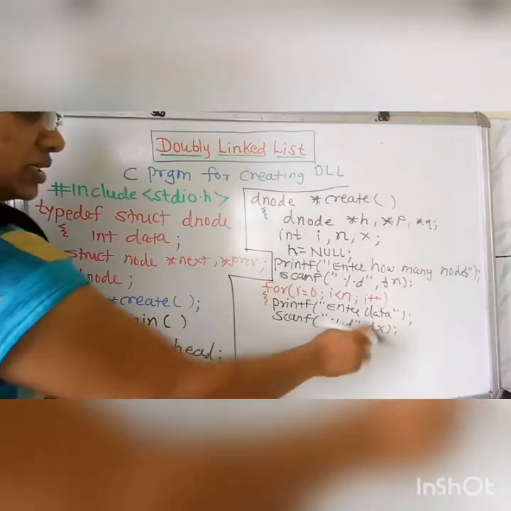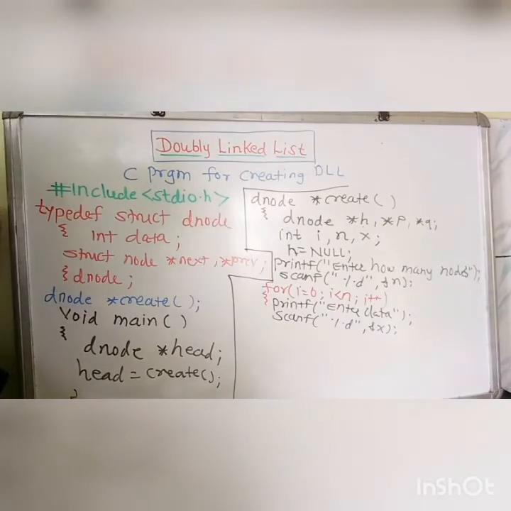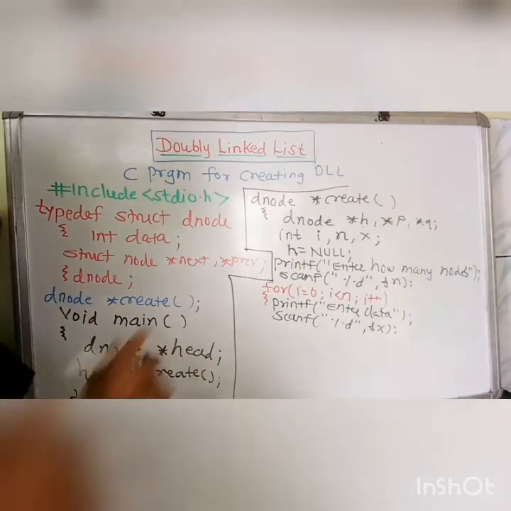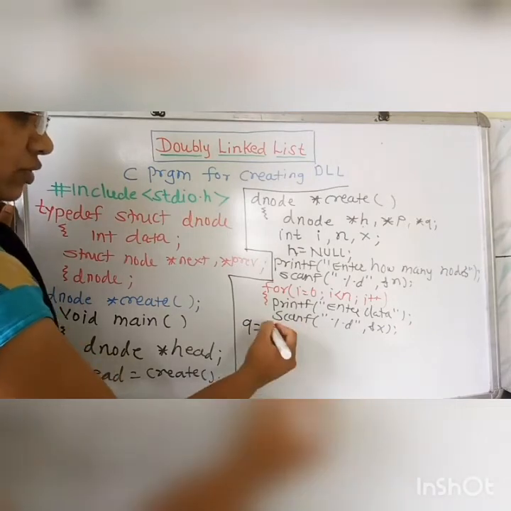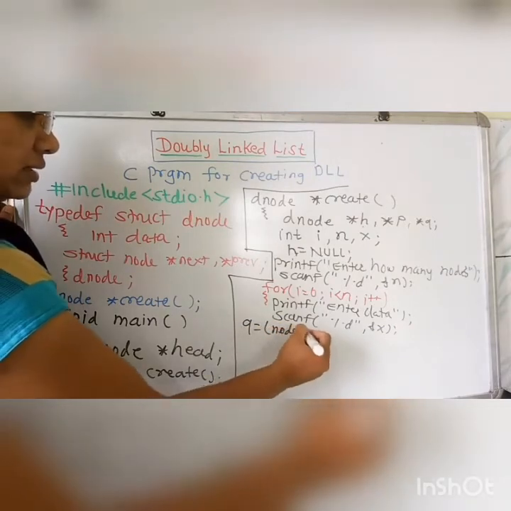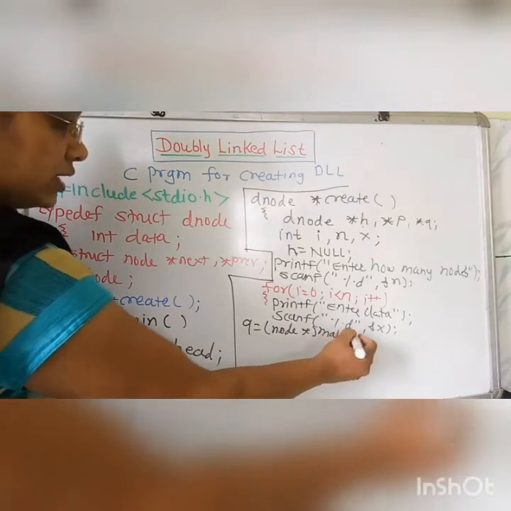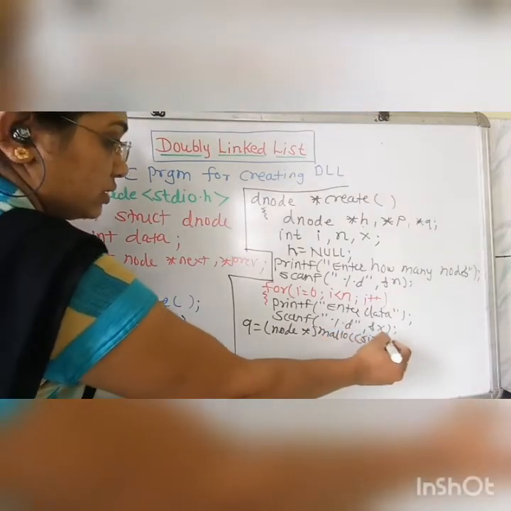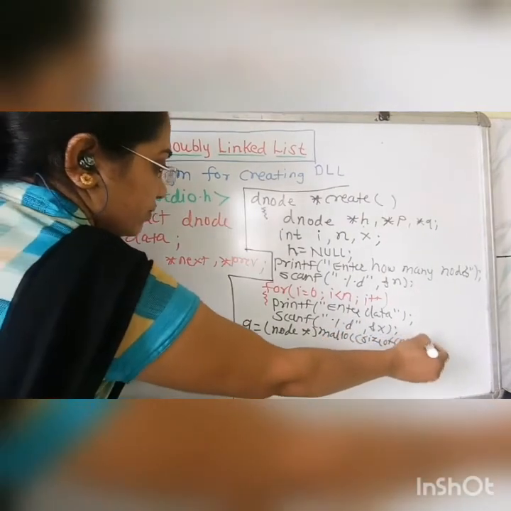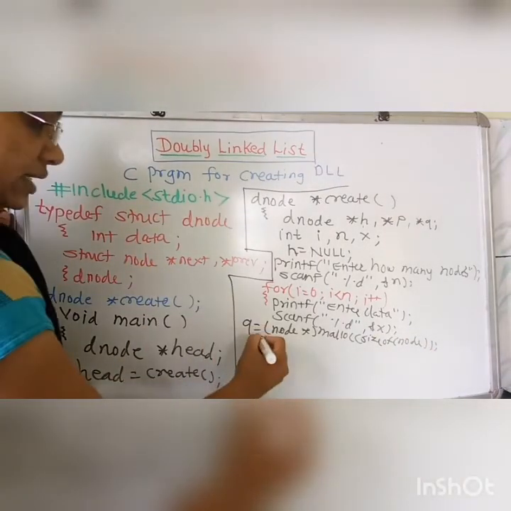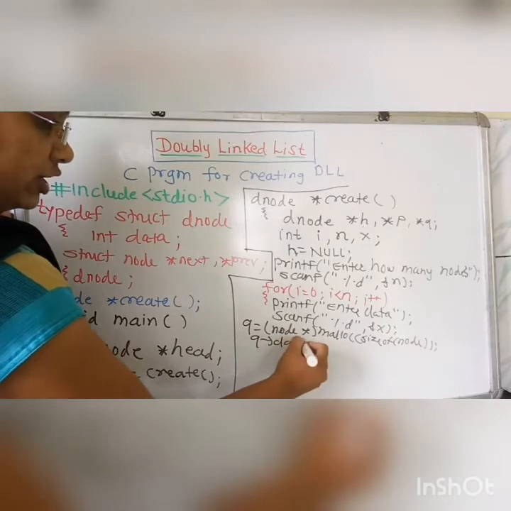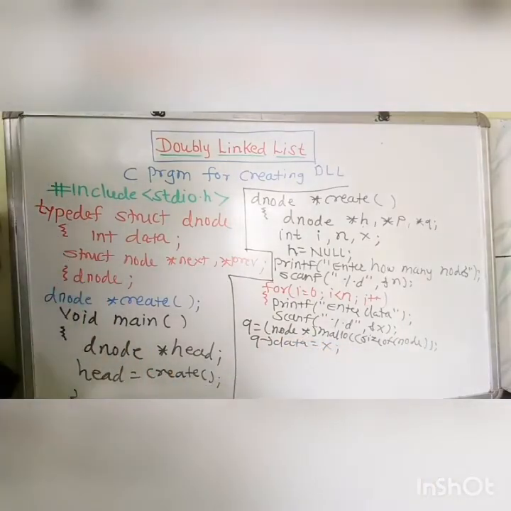Now we will acquire memory for the first node, that is q equals to node star malloc and size of node. Now we will place the data in it, means q pointer data equals to x.